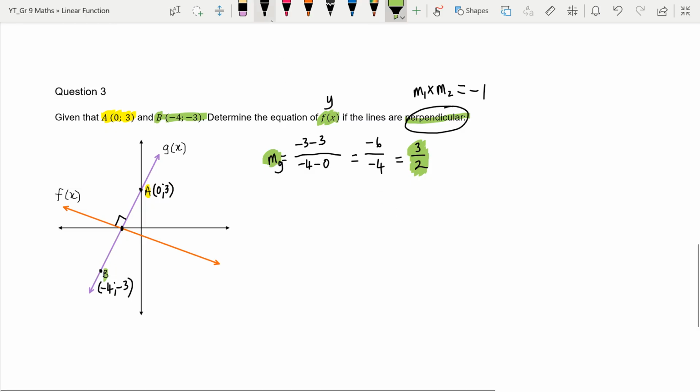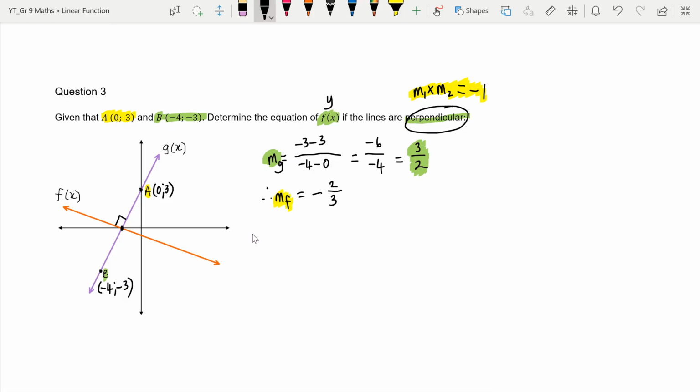Okay, now we've got that gradient, so we know that therefore the gradient of our line that we're looking for, of f, will be the opposite sign, and we flip it around. I'm just using the shortcut for this one. You can also go plug it into our little formula there, and you will see that you get the same answer. So there is the gradient for our line. Okay, it's not enough.